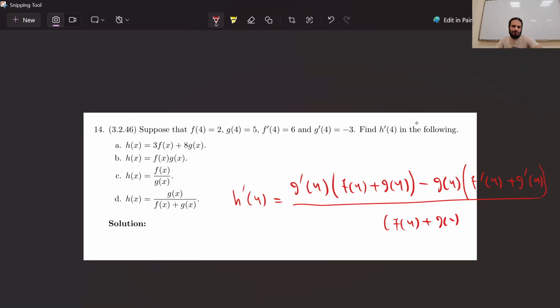Now g prime of 4 is minus 3. Minus 3 times f of 4, 2, plus g of 4, 5, 7, right? Minus g of 4, which is 5, times the sum of the two derivatives, 6 minus 3. Over the sum squared, which is 2 plus 5, 7 squared, 49. Then minus 36 over 49.